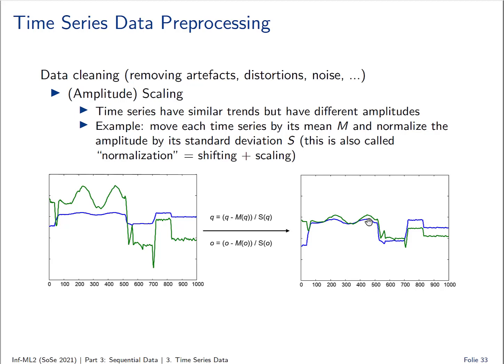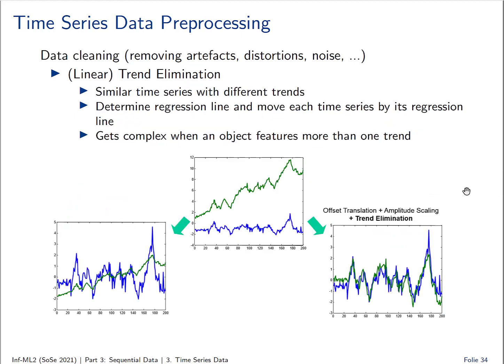So the amplitudes are somehow comparable. Once again, I think it's clear that it's extremely application specific if you really want to work on the raw data or on this normalized data. So it's very, very application specific.